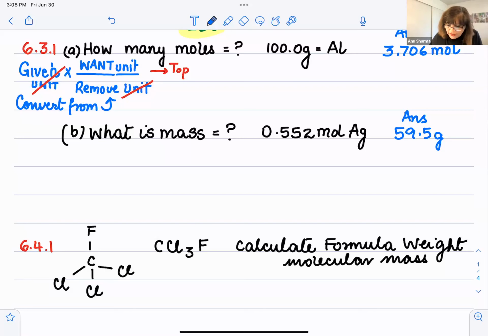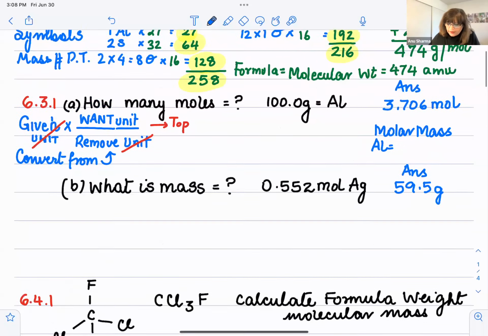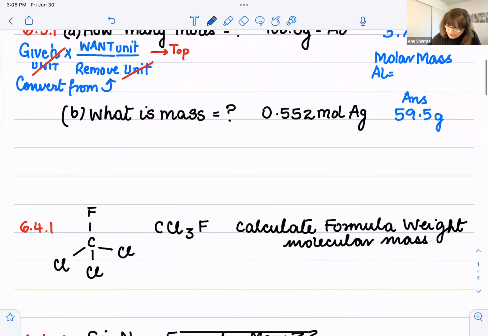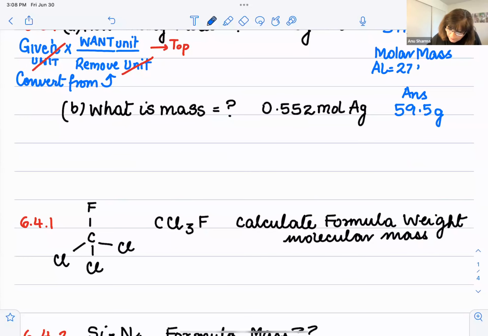Here we need the molar mass, because we need to convert to moles and we are given grams. So again, we look at the periodic table to get the molar mass of aluminum. From our previous example, it was 27 grams per mole.